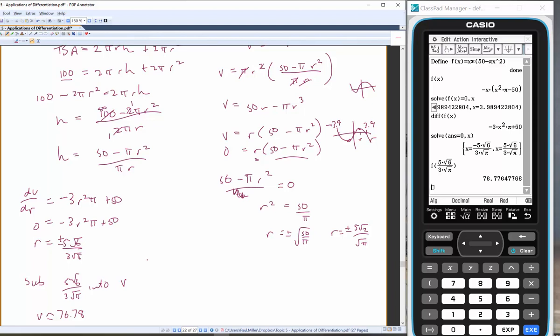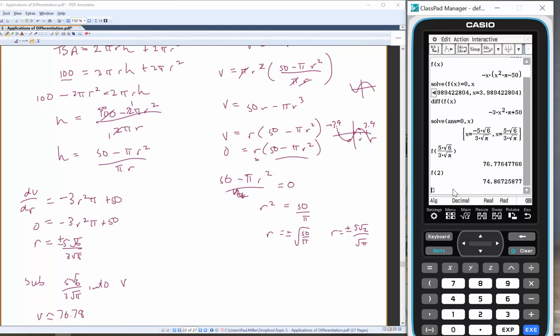Now what we're going to do is compare that to if I just shoved 2 in. So I'm just going to do f of 2, which is the maximum the radius is allowed to be. And ooh, isn't that interesting? So sub r equals 2, V equals 74.87. So if I use this maximum value here, r equals 2, I get this volume.